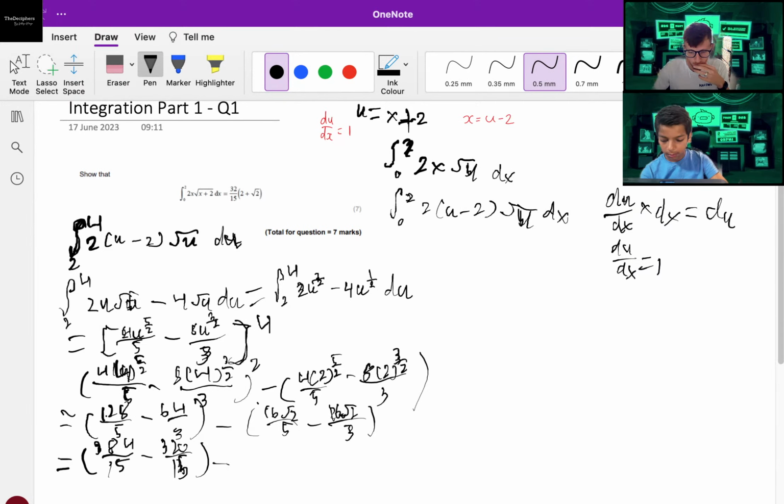And take away 16 times 3 is 48, so 48 root 2 over 15. And then 5 times 16 is 80 root 2 over 15.